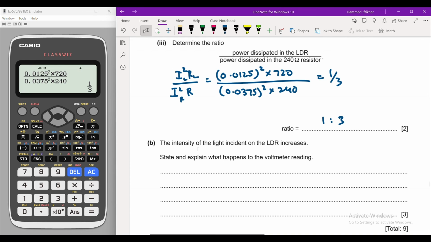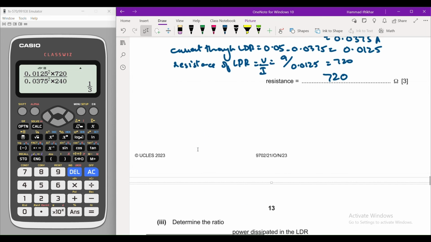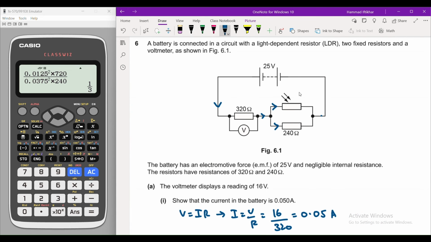So the intensity of the light incident on the LDR increases. State and explain what happens to the voltmeter reading. The first thing that will happen is that the resistance of the LDR will decrease. As light intensity increases, the resistance of the LDR decreases. This will further decrease the combined resistance of this branch, because the effective resistance depends on the R of the LDR plus the 1 over 240 basically.